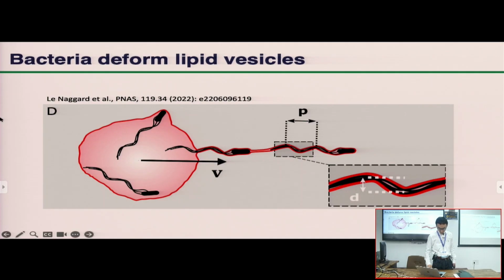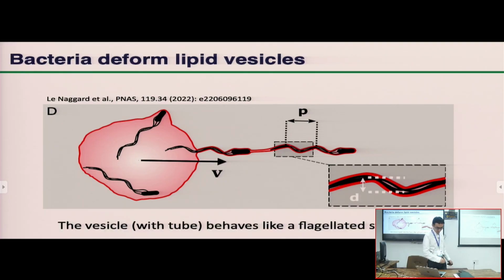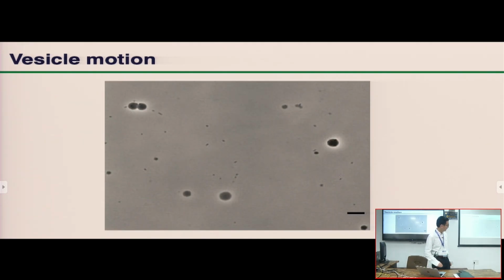What's funny here is that by protruding this tube, the flagellated swimmer makes this vesicle a flagellated swimmer. The vesicle has a cell body and the tail, and that's what happens in the experiment. So this vesicle behaves like a flagellated swimmer, which is funny.